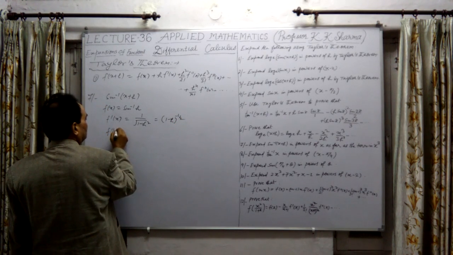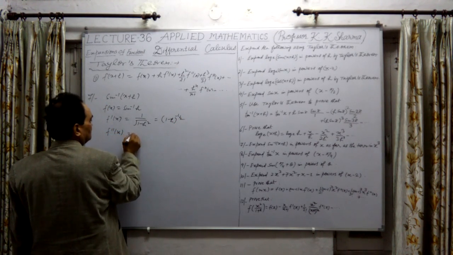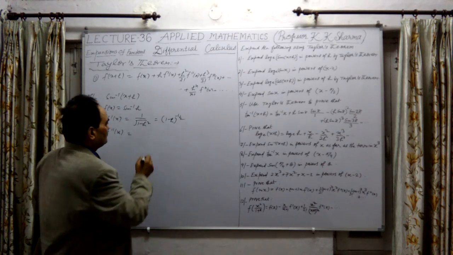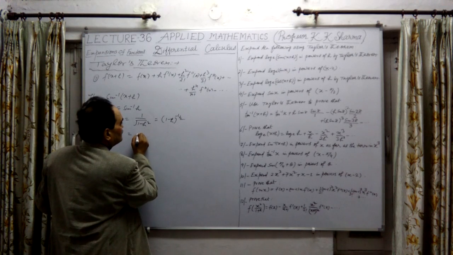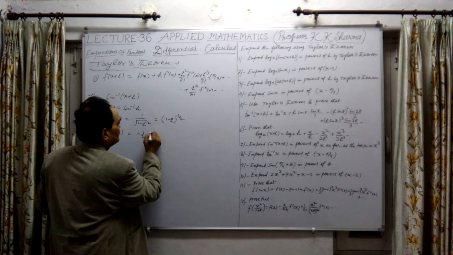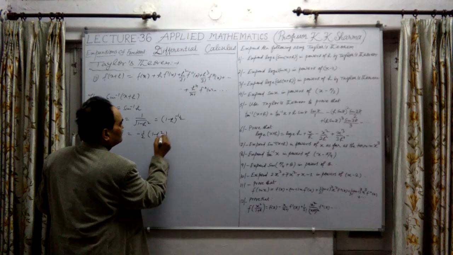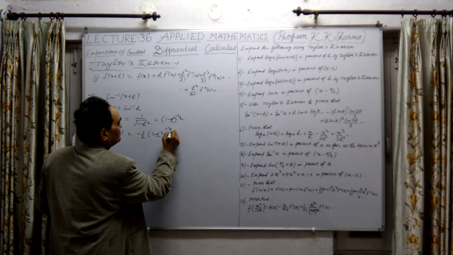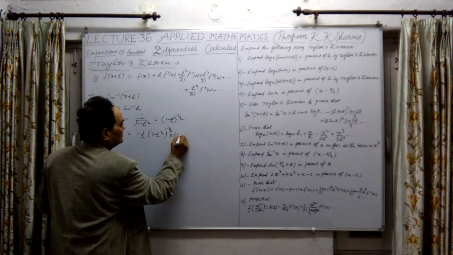Then f double dash x, we are differentiating with respect to h. So this is to be differentiated. That means minus half, 1 minus h square whole power minus 3 by 2 into minus 2h.